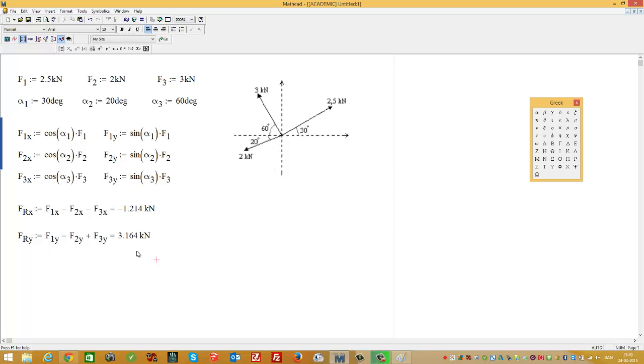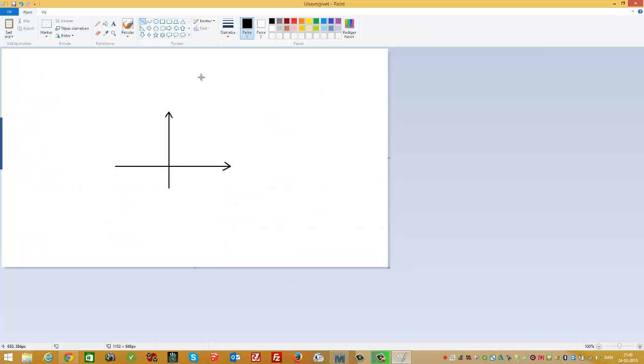So now I have the system, and now I'll draw a small sketch of this because that is needed, because now I need to find the magnitude and after the angle. Yeah, let's try to go to Paint. It's not the best one, but better than nothing. Frx was pointing to left. So I'll try to indicate it here.